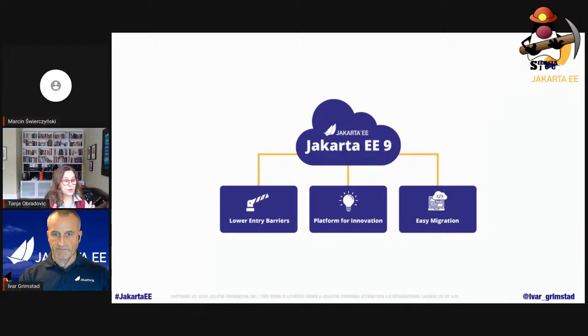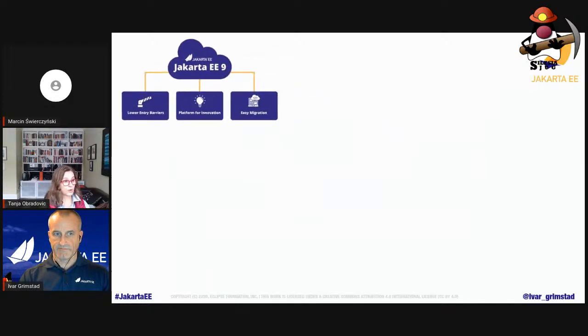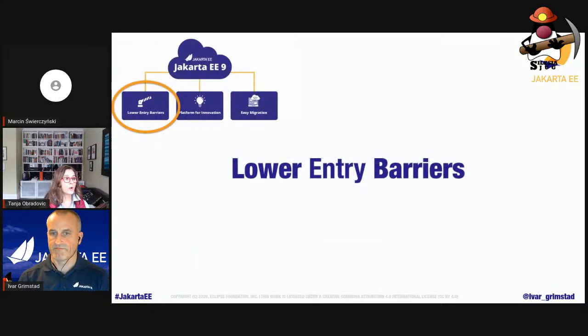We wanted to make sure that this release will lower the entry barriers. So that means we're opening up and making sure that other implementations will come, are being welcomed to implement the specifications. And actually, we're not introducing drastic changes in this version, except a big one, of course, which is the new namespace.